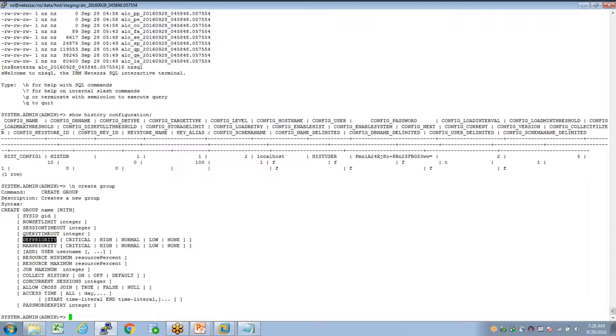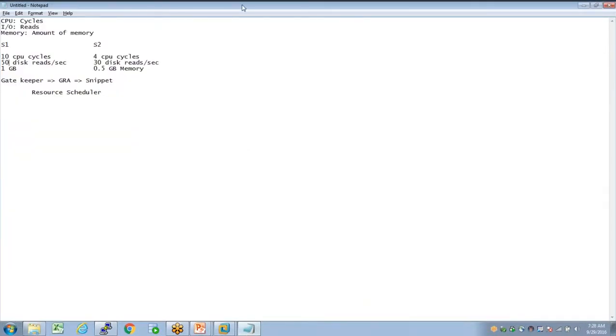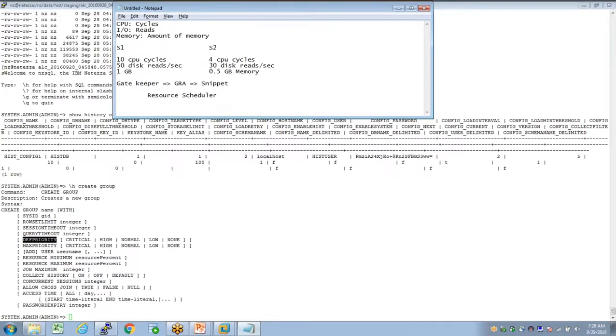Among these, a few important properties are the priority of the user. Let's say I defined a user group as Indian, and I said Srini and Ravi are part of that group. So what is the priority of these users?